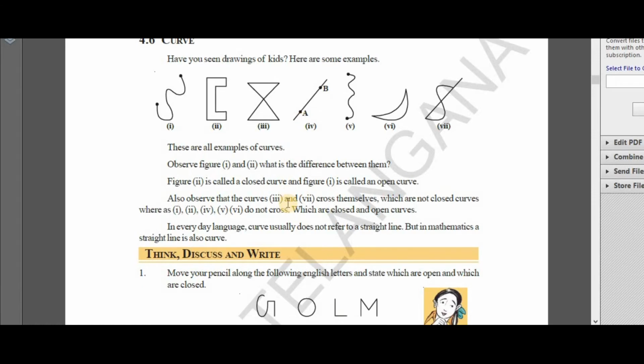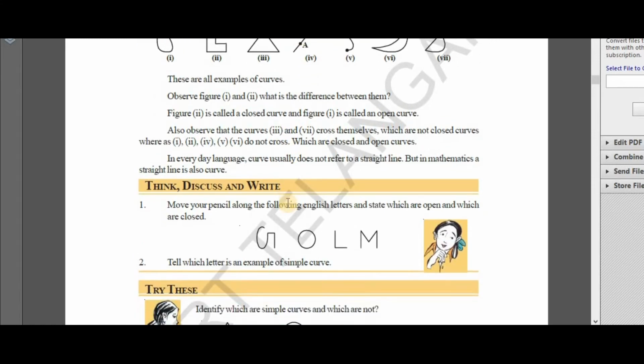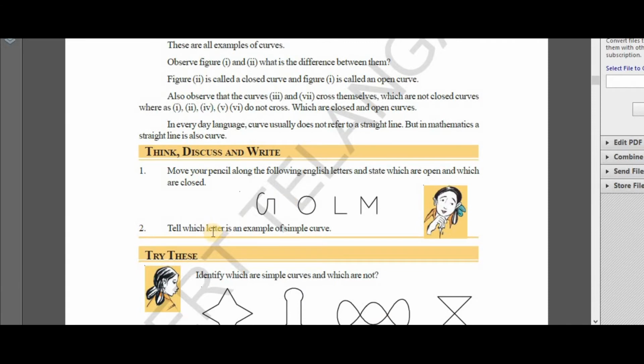Now we will move on to think, discuss and write. Move your pencil along the following English letters and state which are open and which are closed. Based on the above examples, now we will move on to this. It is not crossing itself, so we can say it belongs to a curve.